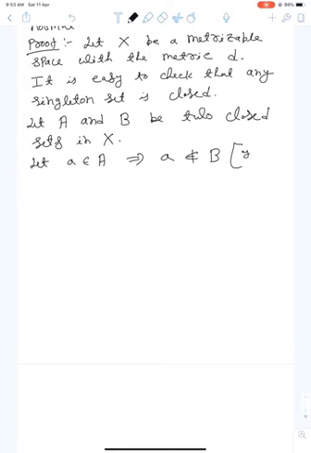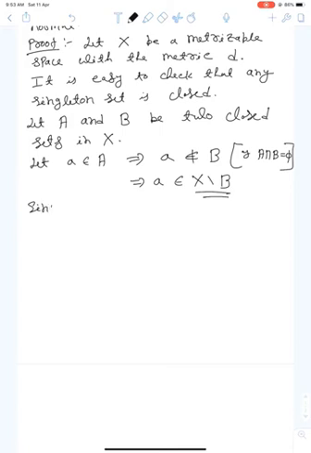Because A intersection B is empty. Now that implies a belongs to B complement, that is X minus B. Now B is an open set. Sorry, B is a closed set, so this is an open set, right?